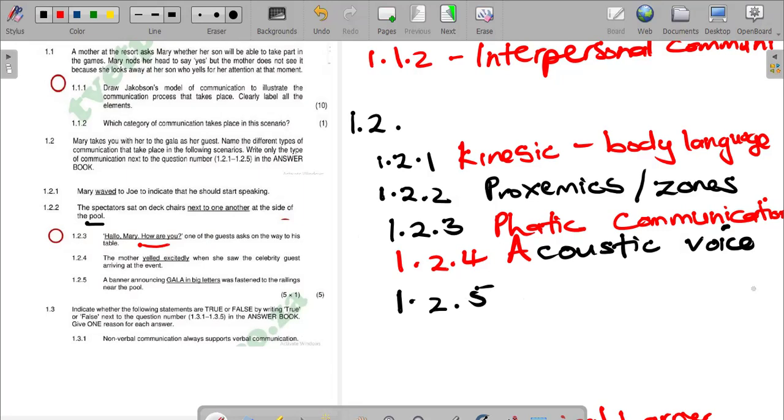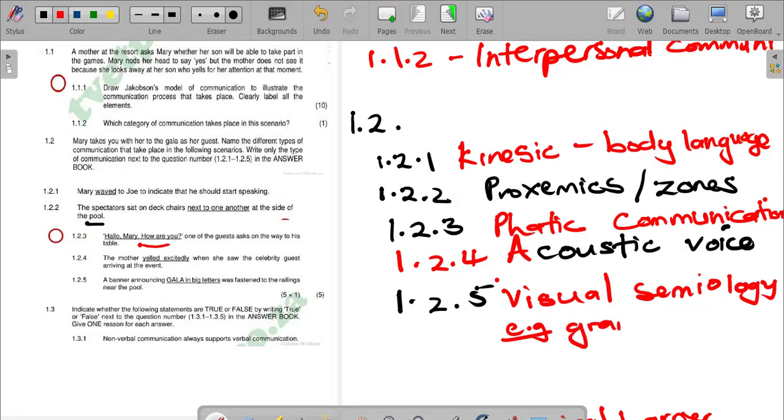So this one is what you call visual semiology, which are graphics or pictures. Communication with anything that needs to be seen to be understood. That's visual semiology, right? Here we can find that they are graphics.